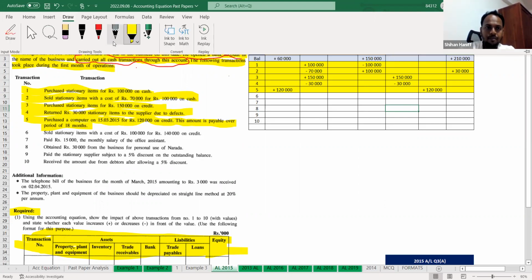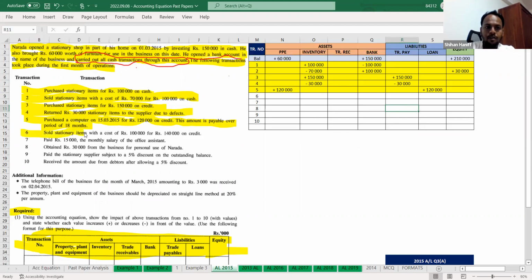Number 6. Sold stationery items with a cost of 100,000 for 140,000 on credit. So this is a credit sale.